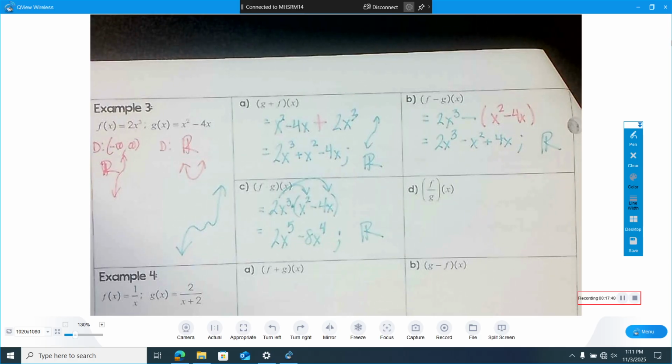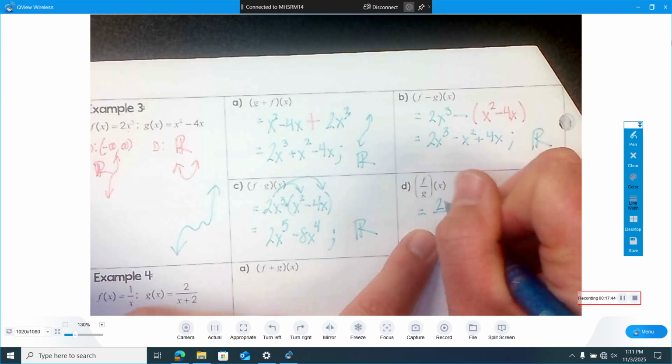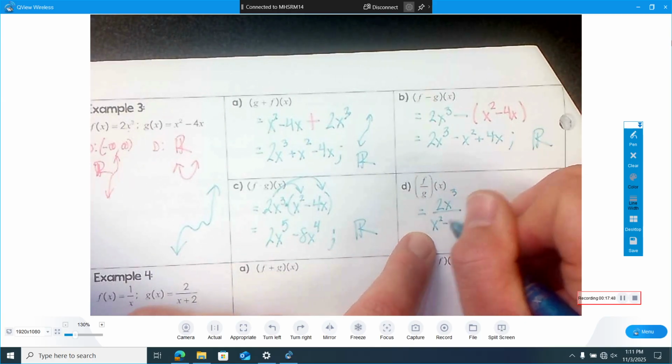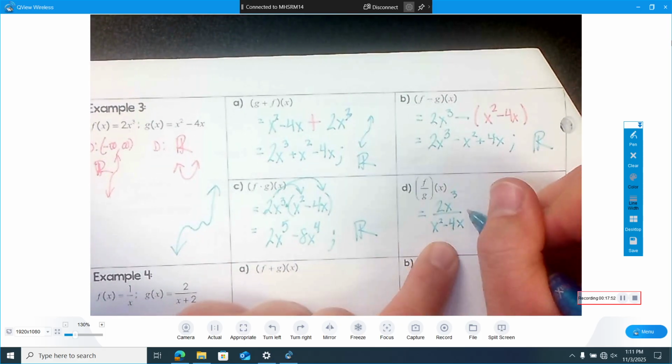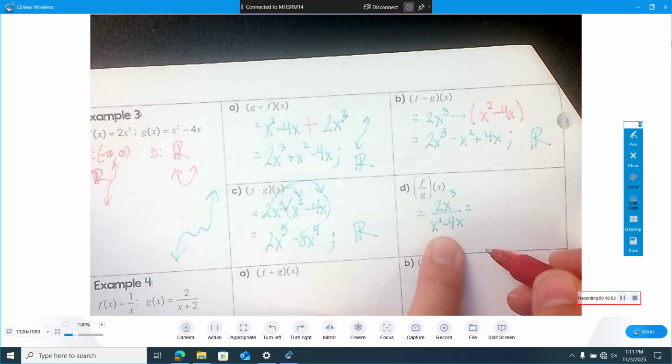All right. So then, f over g, f divided by g, we've got 2x cubed over x squared minus 4x. Now this one, in Delta Math, you need to pay attention. You are going to have to simplify your rational fractional ones here. So I see something I can do in my denominator here.